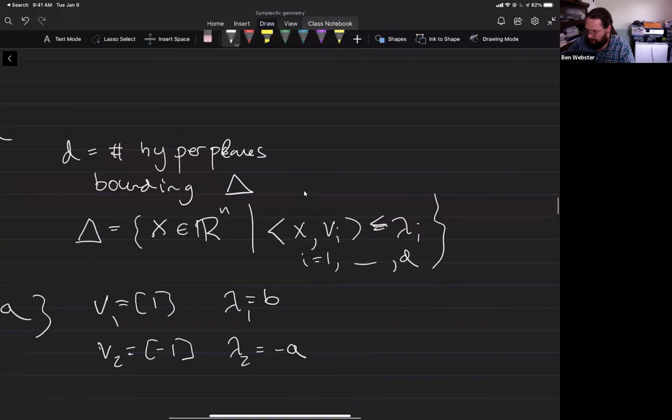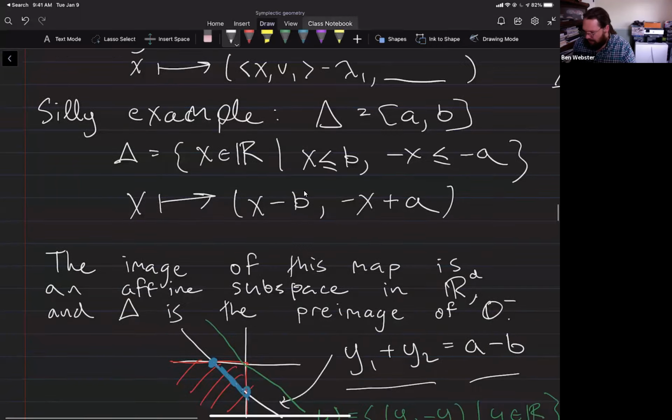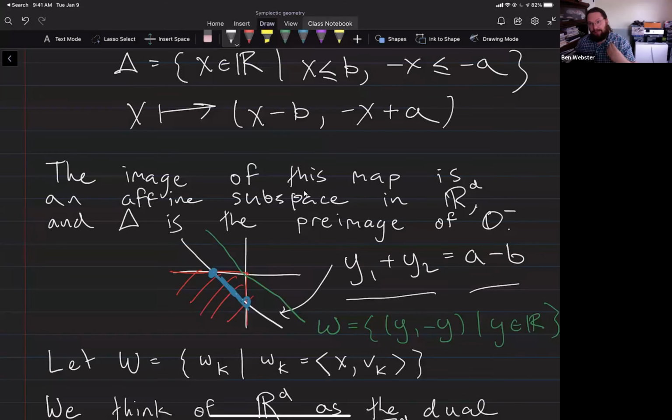So I could rewrite this inequality as the inner product of x with v_i minus lambda_i is less than or equal to 0. So I'm writing my delta as taking the negative orthant in R^d and intersecting that with an affine subspace.